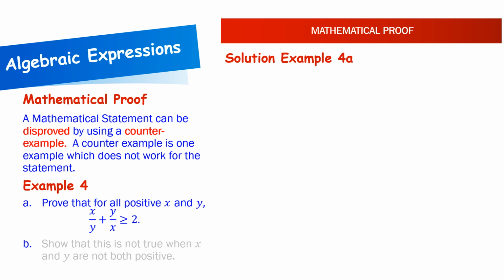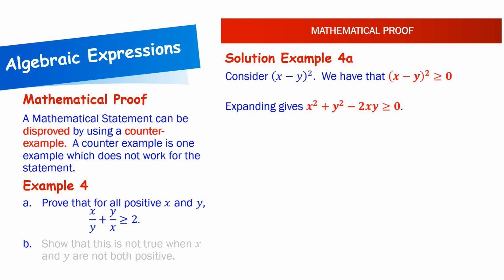We're going to solve this. Let's consider x minus y all squared. We know that x minus y all squared is greater than or equal to 0. So if we expand, we obtain x squared plus y squared minus 2xy is greater than or equal to 0. And then rearrange, put x squared plus y squared on one side and 2xy on the other.